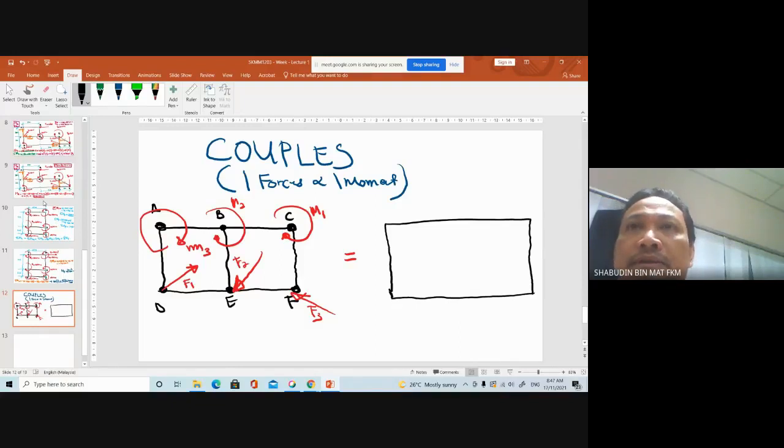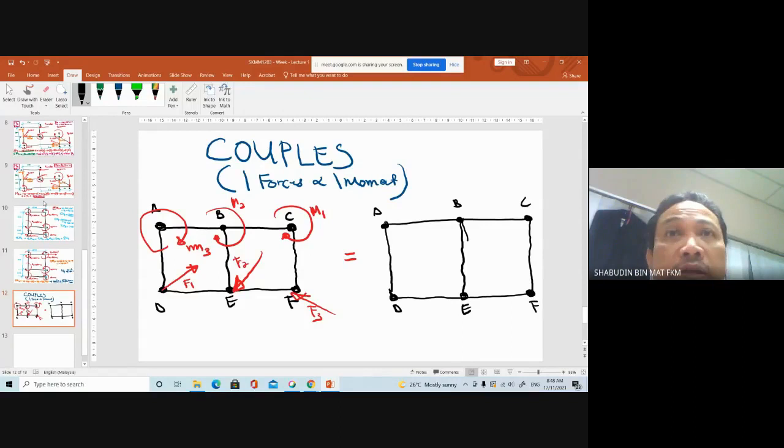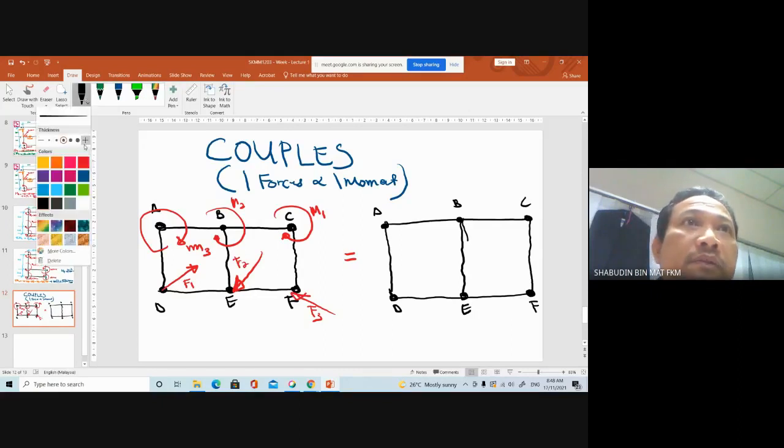Say this is point A, point B, point C, point D, point E, point F. You want to transfer all this moment into point A only, or point B only, or point C only, or point D only, or point E only, or point F only. So it's going to be a big moment, the mother of the moment.